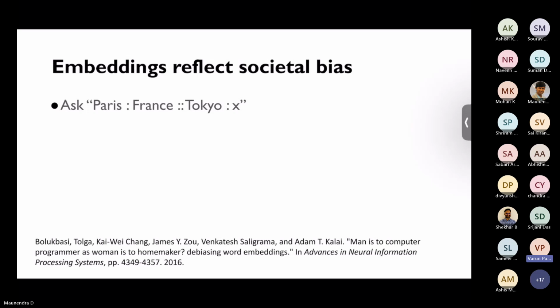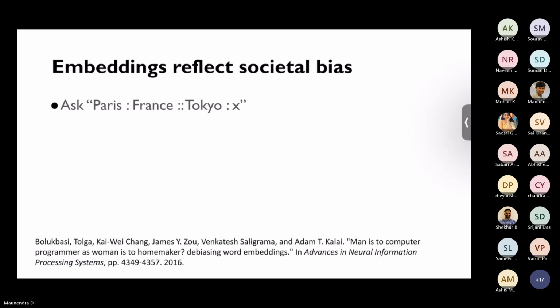The transformation needed to reach France from Paris is the same as the one needed to reach Japan from Tokyo. You gave the answer Japan, which is correct, but you did not compute the transformation. So why do you think Japan is the answer here?